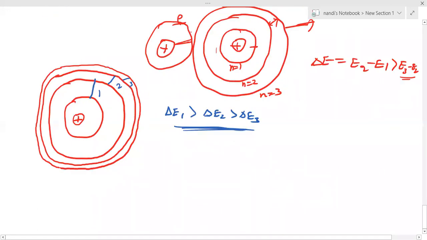Can you write the statement here? When shell numbers increase, energy difference between shells decreases. Can you write that point? Once you note it down, let me know. What's the doubt?